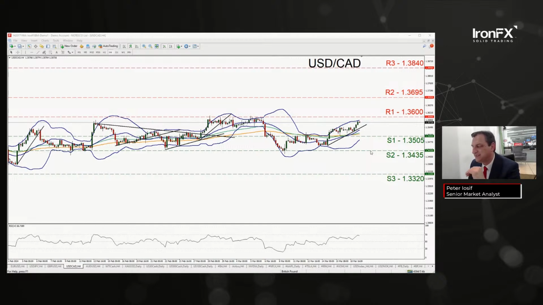The reason I'm setting the S2 as the cutoff point between sideways and bearish is the fact that the level was tested once, twice, 3, 4 times. It's a very valid level. So I would require a clear break before actually switching my bias of a sideways motion in favor of a bearish outlook.